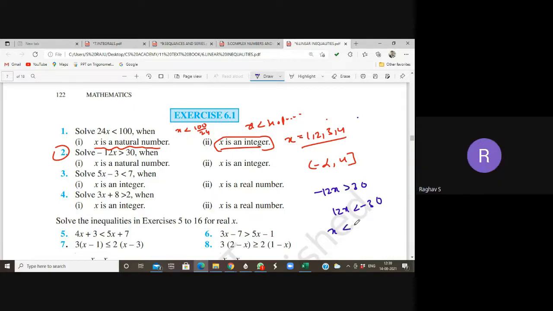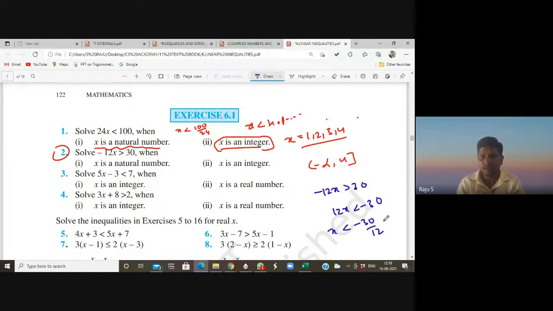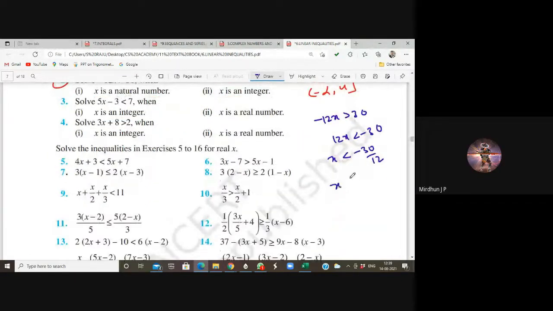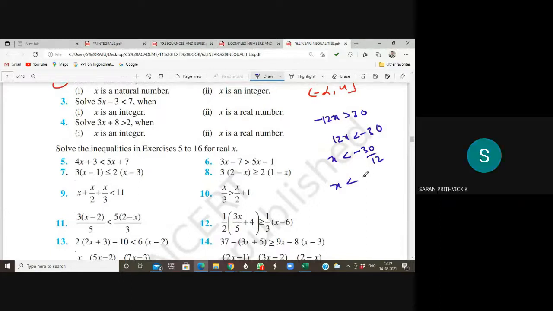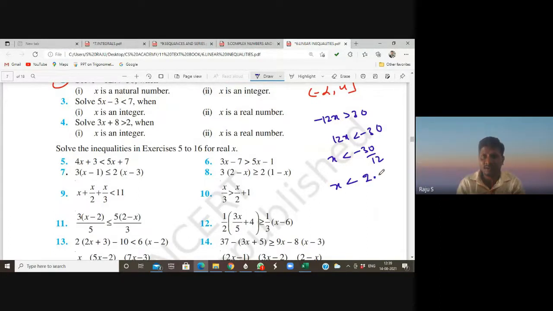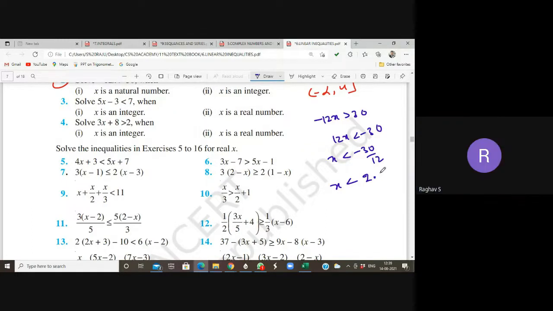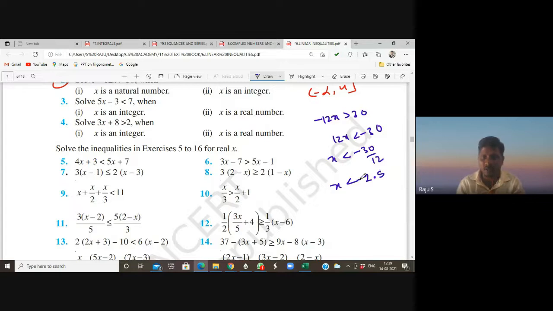What is 30 by 12? 15 by 6, negative 15 by 6, which is 5 by 3, that is 2.5 something. Okay, that is minus.